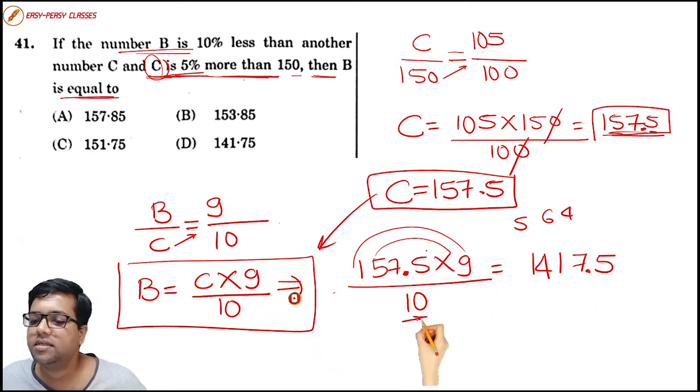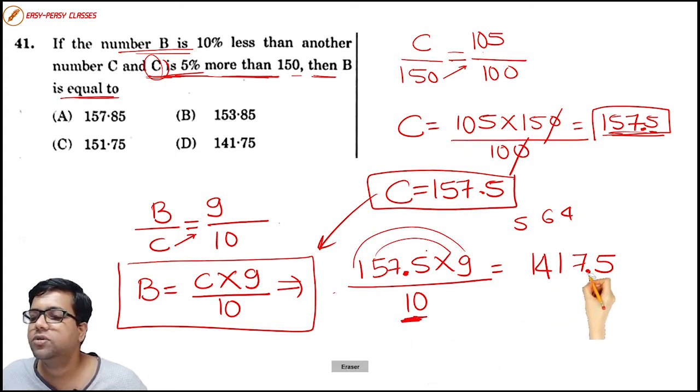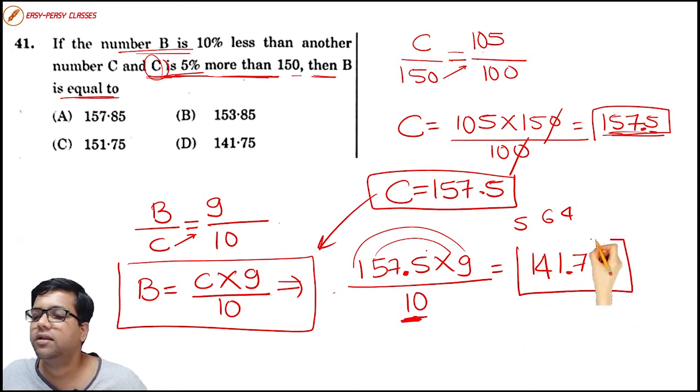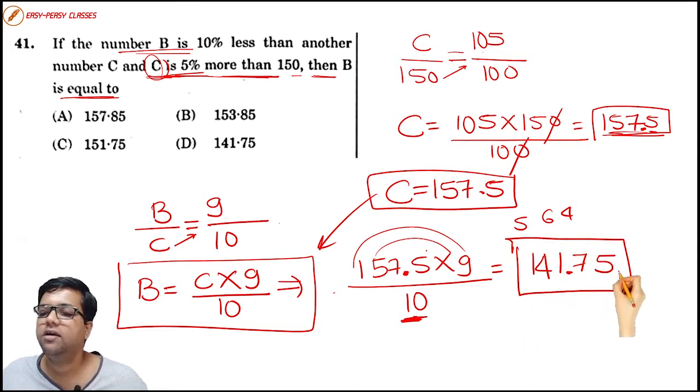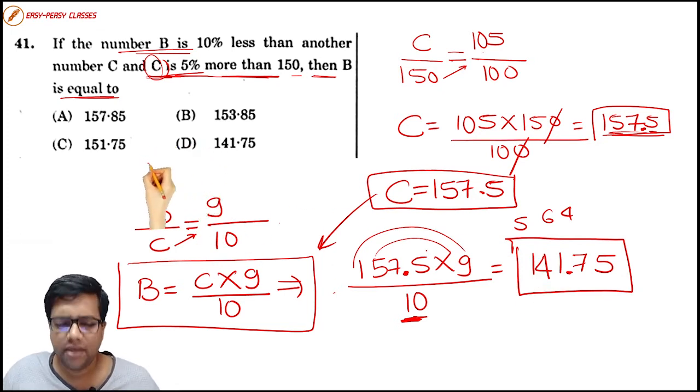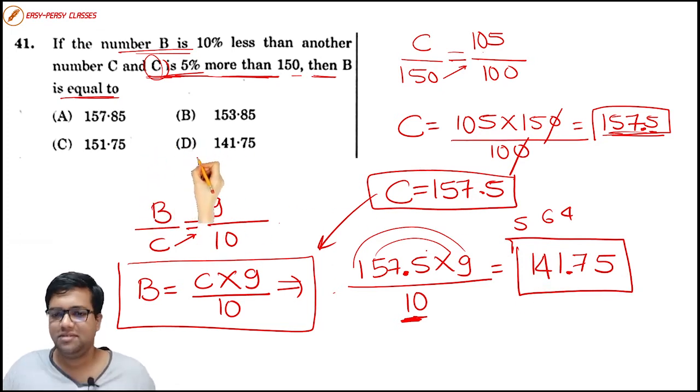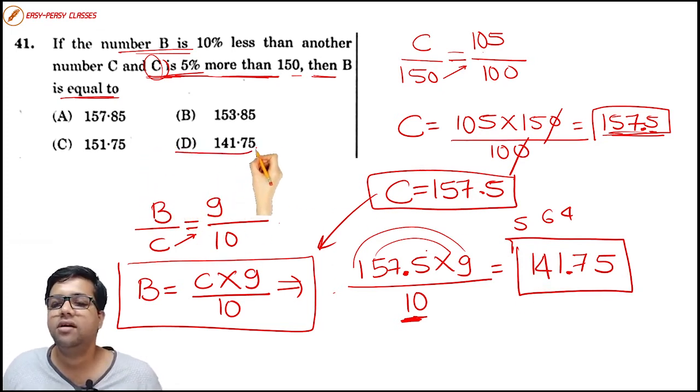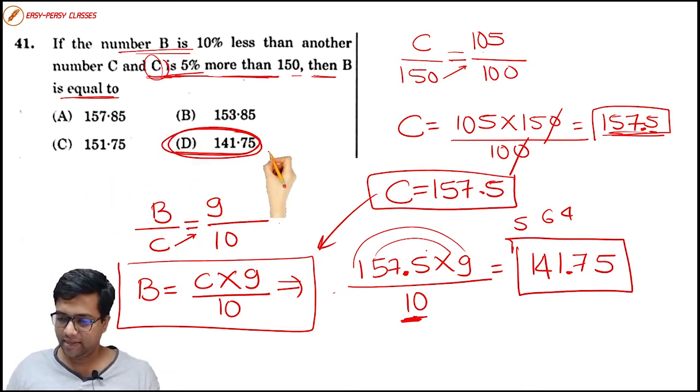But again there is a division by 10, so you will take one more step further for the decimal point. You are left with 141.75. Do we have it in our answer? Yes, we have it in option number D. Option number D is the right answer.